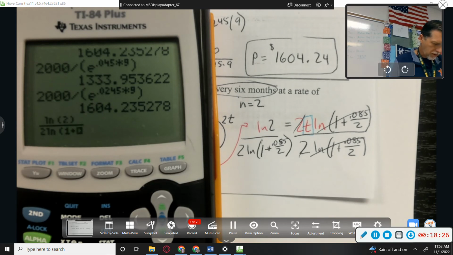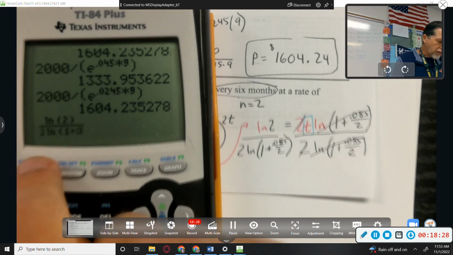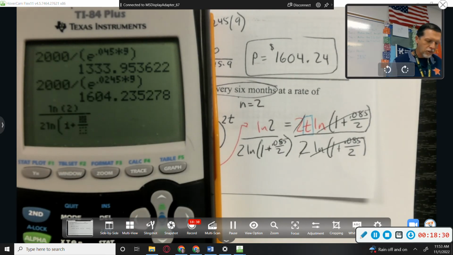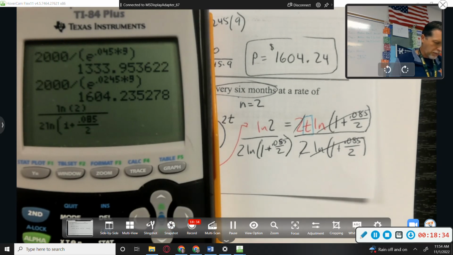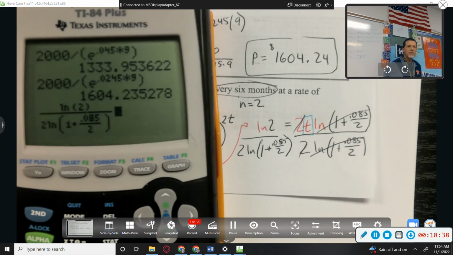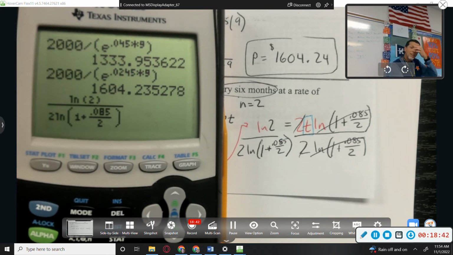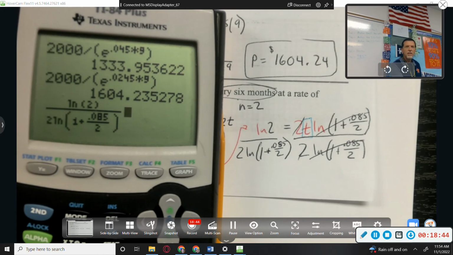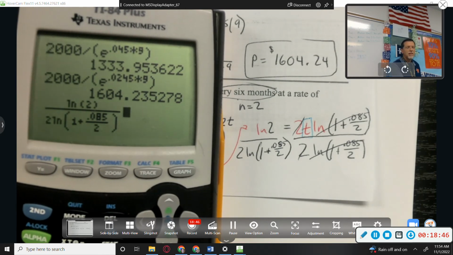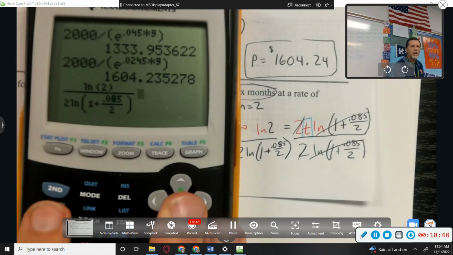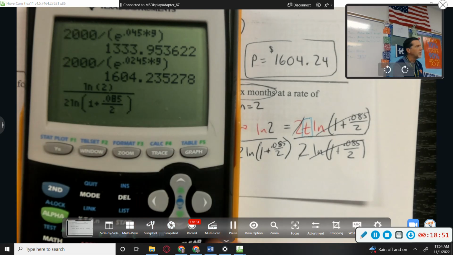You can even go fraction bars inside fraction bars if you want to go crazy with it. I probably wouldn't do that, but if you really like your fraction bars, natural log 2 divided by 2 natural log. Wait, how do you get the fraction bar? Alpha y equals, the F1 menu, and the first one is n over d, numerator over denominator.